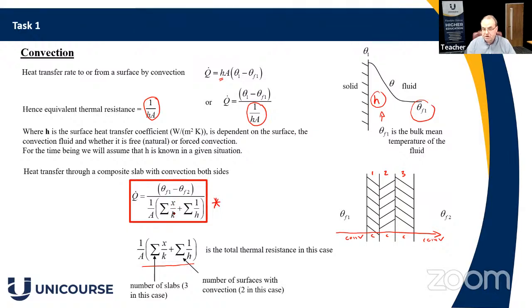There'll also be another component of conduction for the cotton wool or the foam, depending which one you're doing. And you'll also have a convective thermal resistance, with the corresponding value of H for the inner and outer surface. So hopefully you can see that by applying that equation, you'll have 3 components in there.